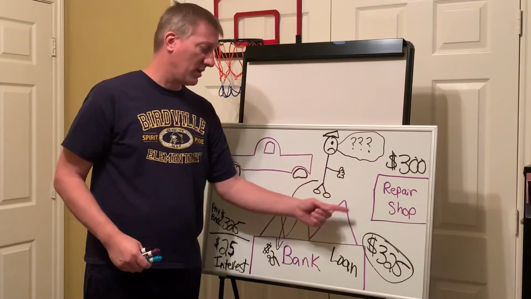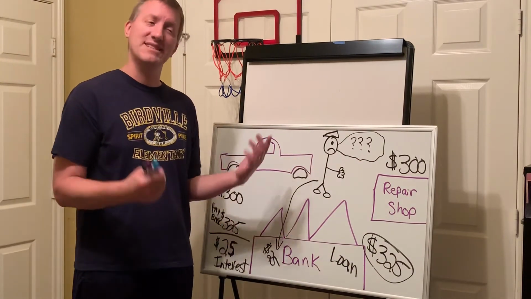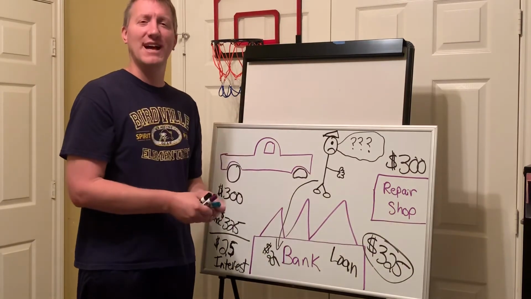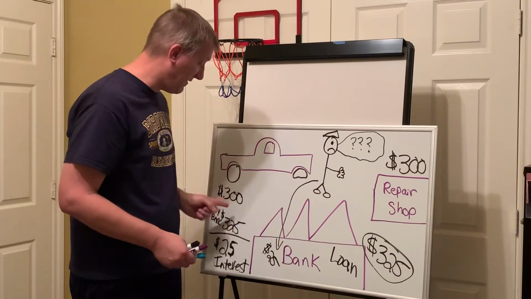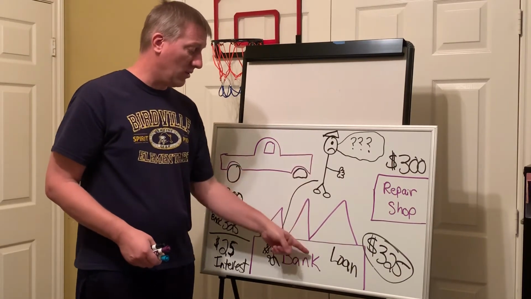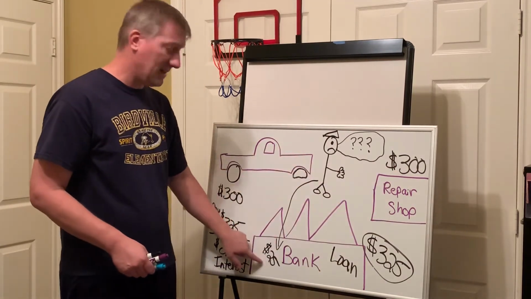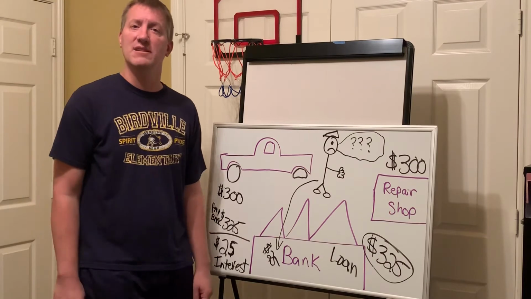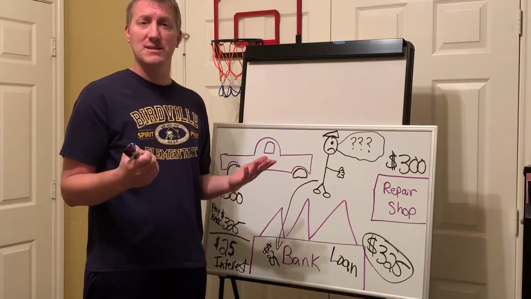So I got my car fixed, and they gave me the $300. They smiled and said, here, have $300, but you have to pay us back $325 in 2 weeks. In 2 weeks, I had to go into the bank and pay them the $300 they gave me plus an extra $25. That's how banks make their money.